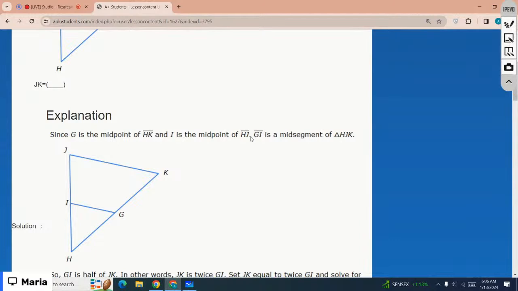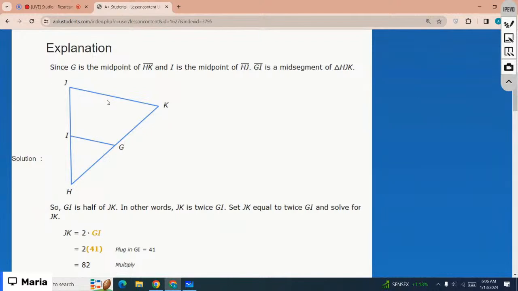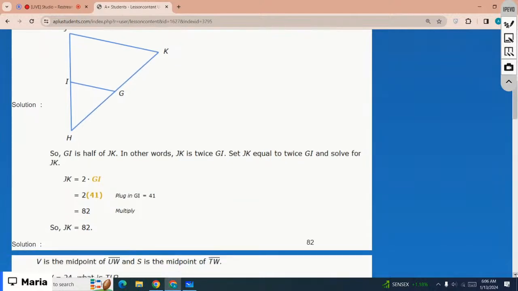So GI is half of JK, which means JK is twice GI. So JK equals 2 times GI, that is 2 times 41. So the correct option is 82.